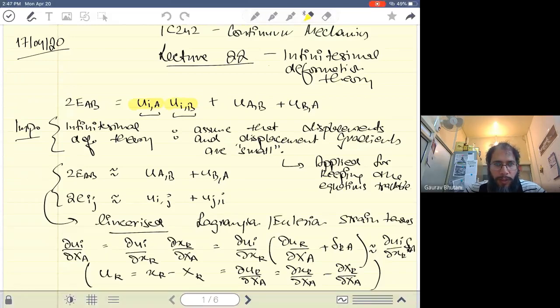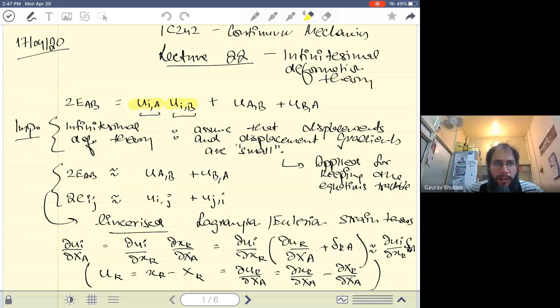So we assumed that the situation where these things can be ignored is when the displacement gradient values are very small. So u i comma a, that's a displacement gradient. If these quantities are small, then the product of these quantities is much smaller than the quantities by themselves.